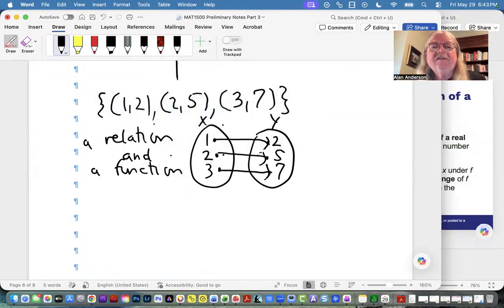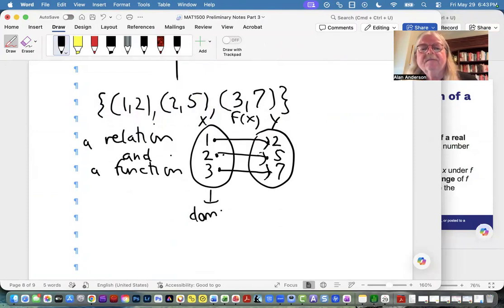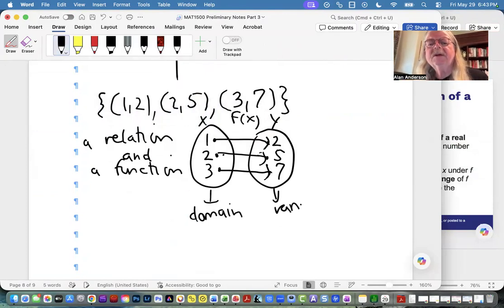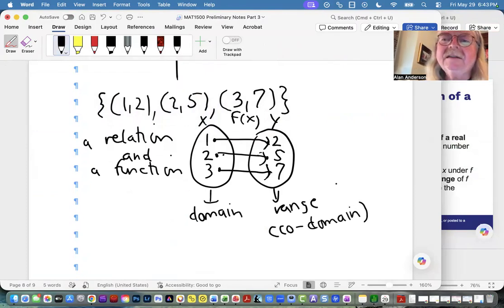For this function f of x, the set of all possible x's that can be associated with this function is the domain, and this is the range. Although some books do call this the codomain, but I think this book always calls it the range, so we don't want to get confused.